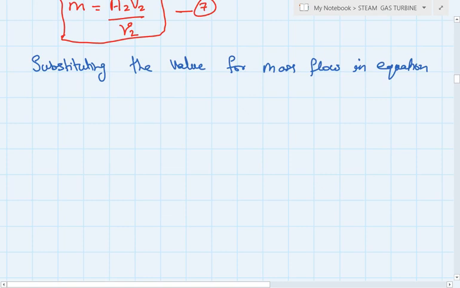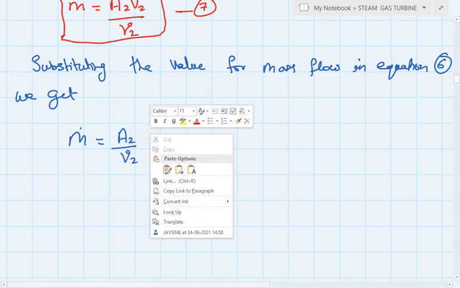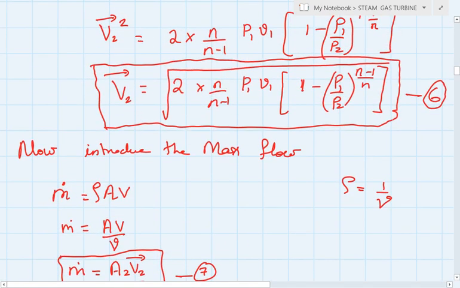Number 6. So we get m dot equals A2 V2, in the case of velocity 2. Let me substitute this equation.